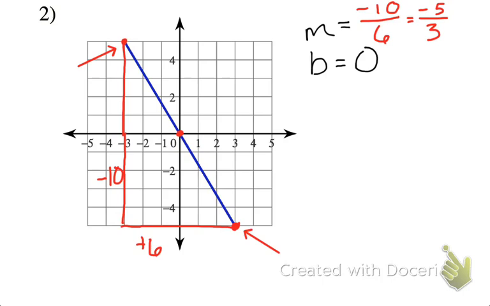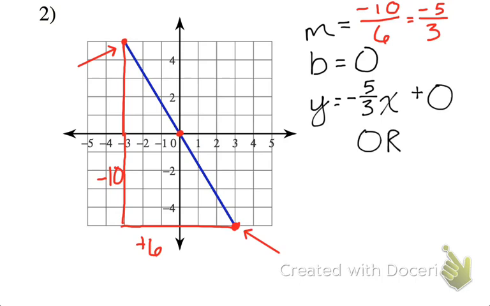Here we go. Plug and play. We have a slope. We have a y-intercept. y equals negative 5/3, that was my m, x plus b. My b is 0, plus 0. Now, if you remember yesterday, we saw an example where we were able to take an equation and modify it for our own purposes so that we got rid of that plus 0.